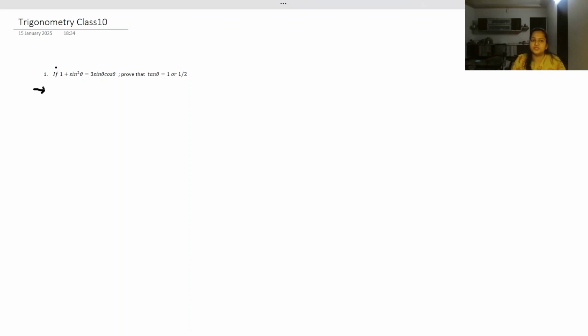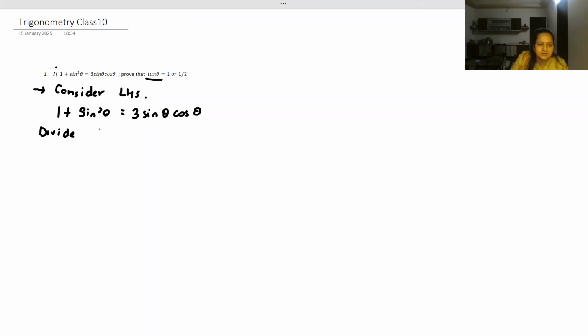The highest degree on this side is 2, which is with sine square. To change sine square to tan square, we need cos square in the denominator. So we start with solving by saying consider LHS. What is our LHS? We are given that 1 plus sine square theta is 3 sine theta cos theta, which means if I need to change everything to tan, I need to divide each term by cos square theta.